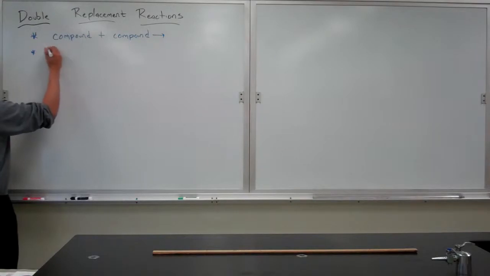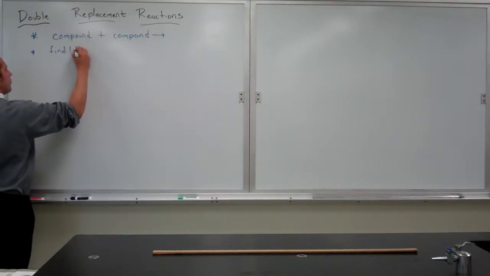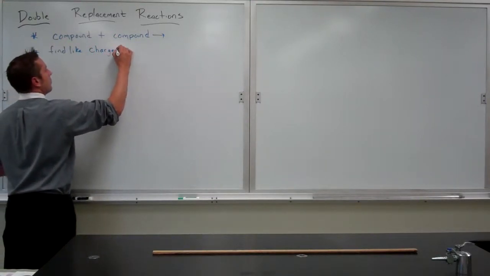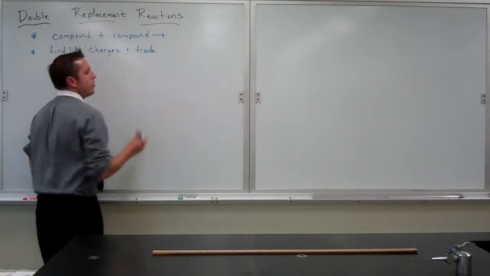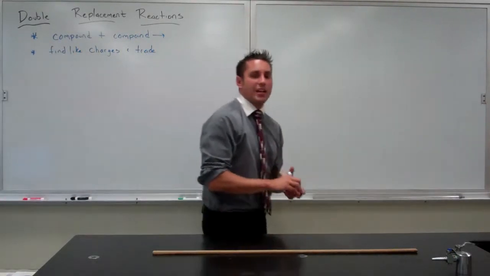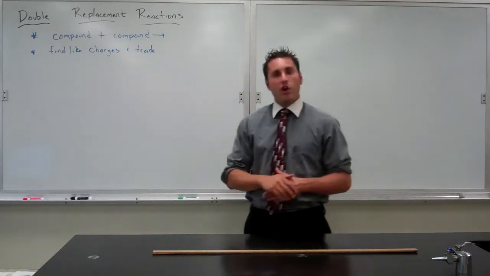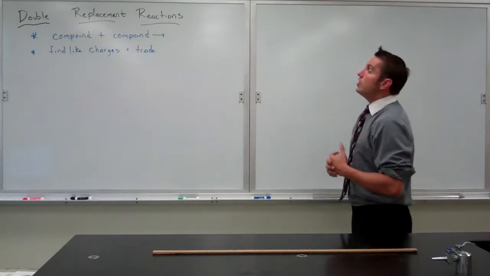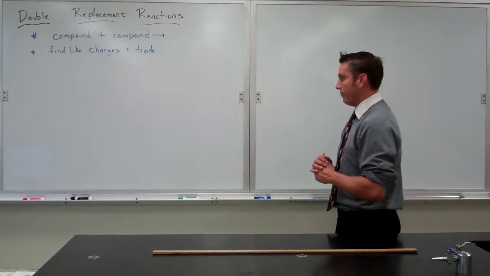We find like charges and trade, the only difference is we don't have to check an activity series. All double replacement reactions will occur. We don't need to see if something is more powerful than something else. So in some ways they're much easier because we know they automatically occur.